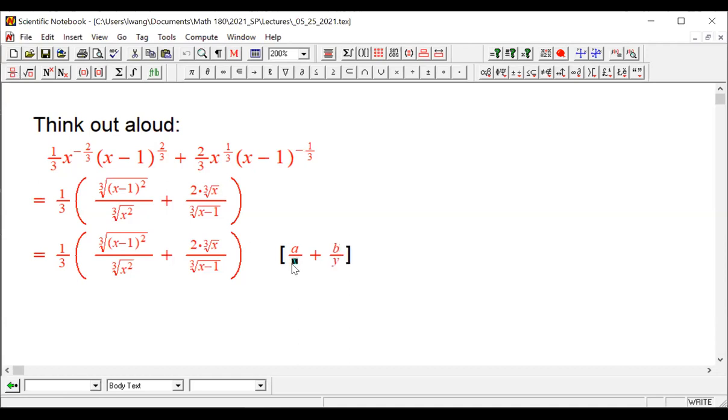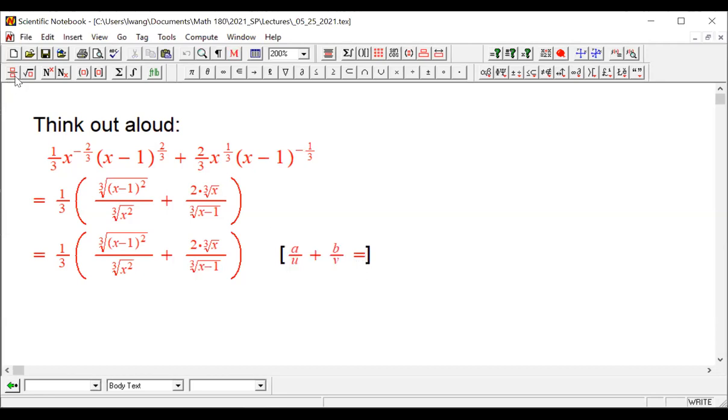Let's not use xy, use uv. How do you find the common denominator in this situation? The common denominator is u times v. So this is our u and this is our v. We know how to do this.